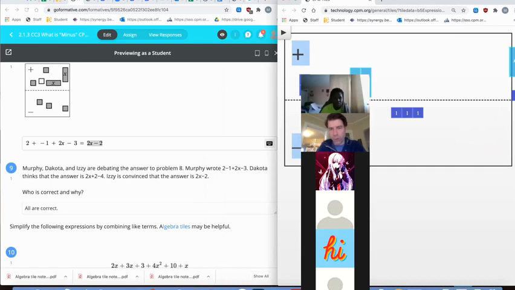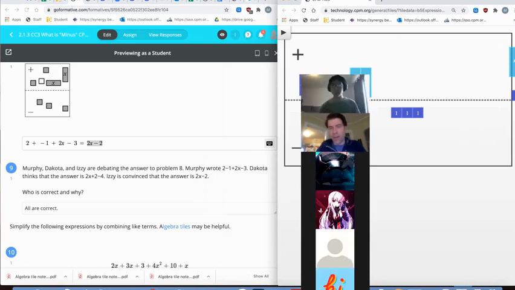What Murphy did was take this tile right here, move it across the line, and change the sign and said, oh, 2 minus 1 plus 2x minus 3. That's correct. This is a legal move. This is an allowed thing that you're allowed to do to not screw up your equations. And so Murphy did a good job. Murphy is correct. So Murphy has a correct answer.